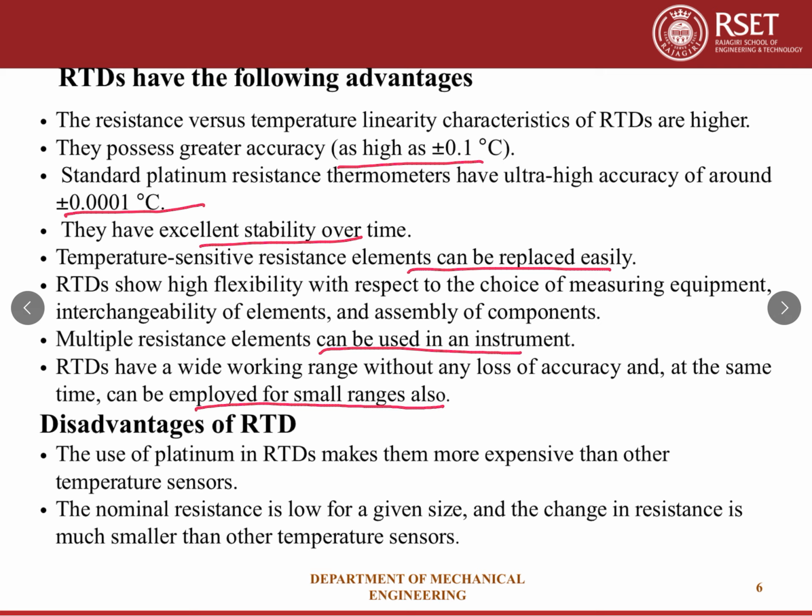Some of the disadvantages of RTD: the use of platinum makes them more expensive than other temperature sensors. The nominal resistance is low for a given size, and the change in resistance is much smaller than in other temperature sensors. These are the disadvantages of RTD.